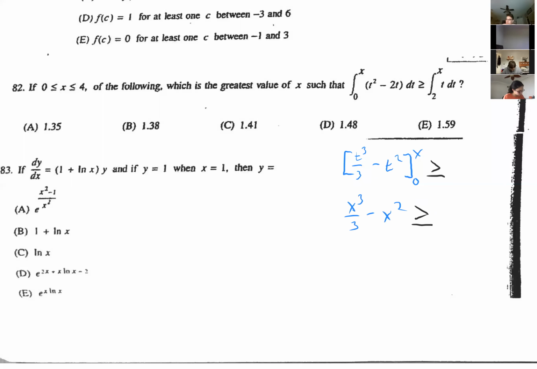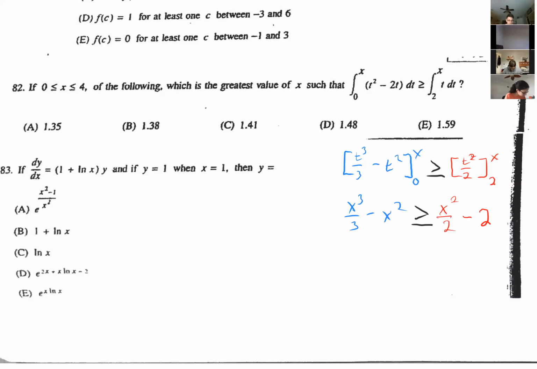So when I integrate the right side, when I integrate t, it's going to be t squared over 2. We're going from 2 to x. So when you plug in x here, you're going to get x squared over 2 minus 2 squared over 2. So 2 squared is 4. 4 divided by 2 is just 2.